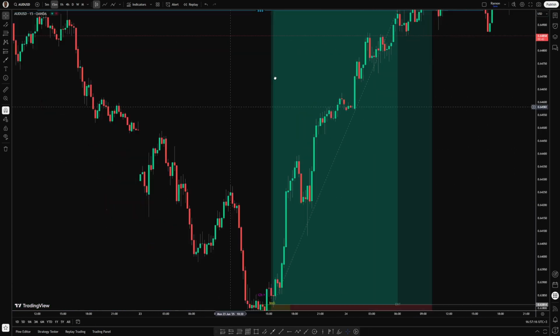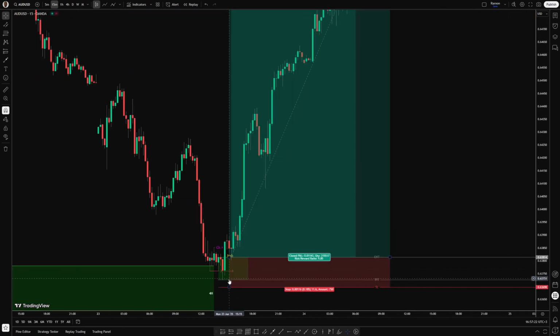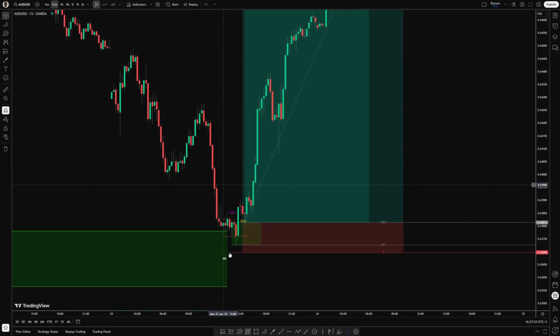So up to this level, we've spoken about entry, stop loss, and take profit. So how do you calculate lot size, assuming now you want to enter this trade? First of all, you have to know from your entry to your stop loss, how many pips are those. Now I want to explain pips in detail. These 11.6, these are the number of pips that we are willing to lose. This is our stop loss number of pips.